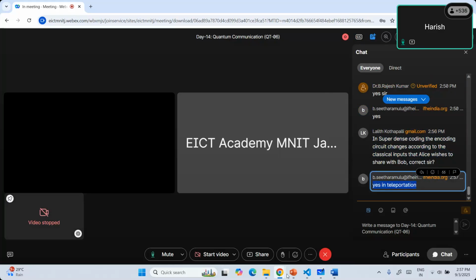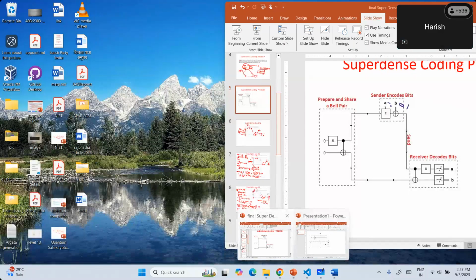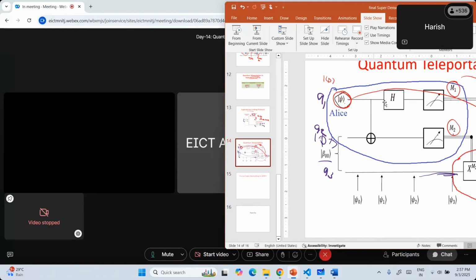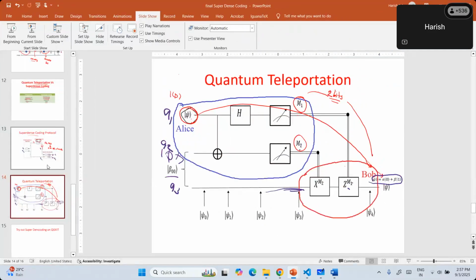Just see here. This is the circuit for quantum teleportation, in which we have 3 qubits: Q1, Q2, and Q3. Q1 has the state psi which we wanted to teleport, and Q2 and Q3 are part of the Bell state phi plus.